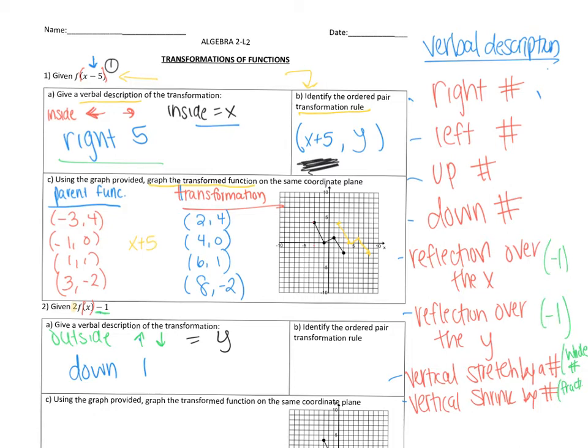So here, you realize that this negative 2 is a whole number. So our whole function is being multiplied by a whole number. This is on your PowerPoint, so remember to go back to it. So I know that it's going to be a vertical stretch, and it's by the number that's being multiplied. So it's by 2.